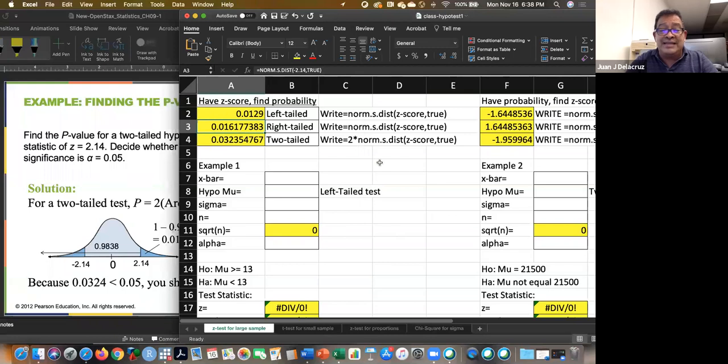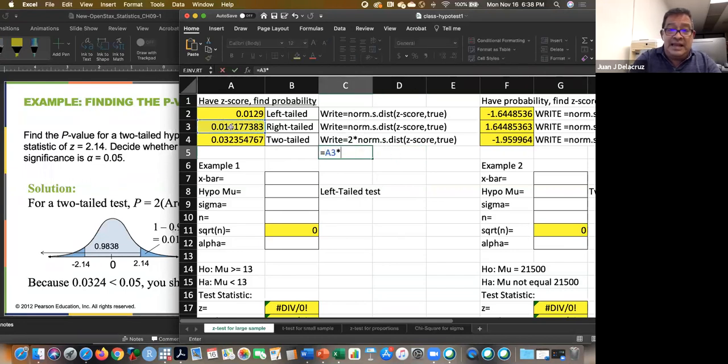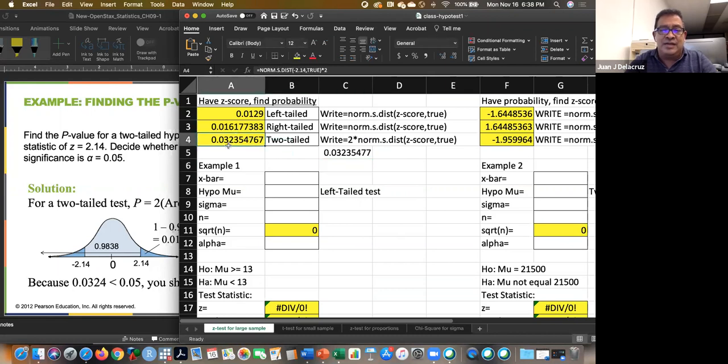Because it's a two-tail test, I multiply this value by 2. Why? Because as a two-tail test, I'm finding the area under the curve in both tails.